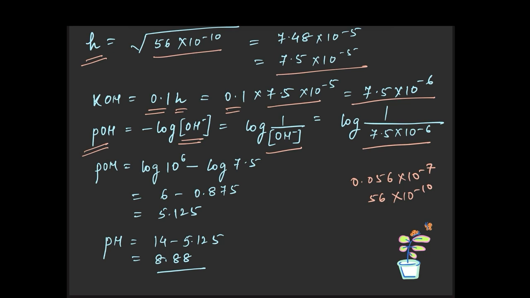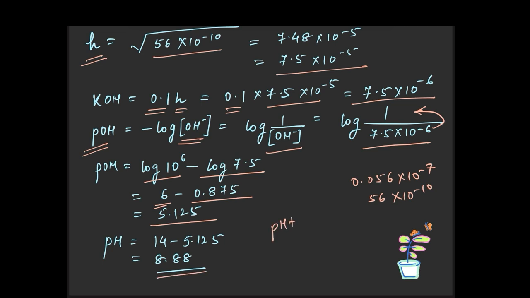Now, in log 1 by 7.5 into 10 to the power minus 6, this 10 to the power minus 6 goes to the numerator, it becomes 10 to the power plus 6. So pOH will be log 10 to the power 6 minus log 7.5. Log 10 to the power 6 will be 6, minus log 7.5 is 0.875. Solving, pOH is equal to 5.125. So pH will be equal to 14 minus 5.125, which is equal to 8.88.